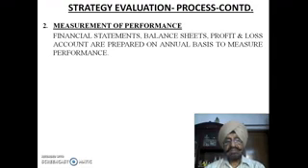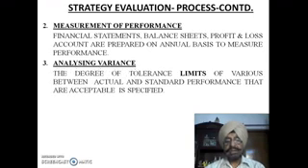So naturally, after we have measured the performance, the next step obviously should be analyzing the variance. That is what the benchmark was and what we have actually performed. That is the analysis. The degree of tolerance limits of variance between actual and standard performance that are acceptable is specified.